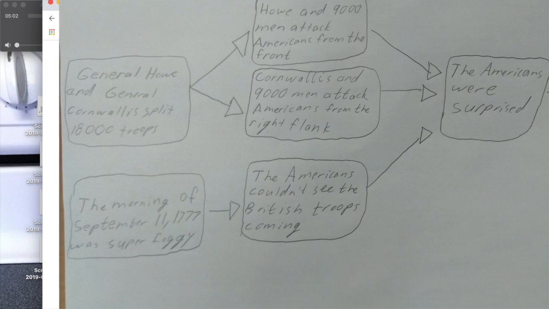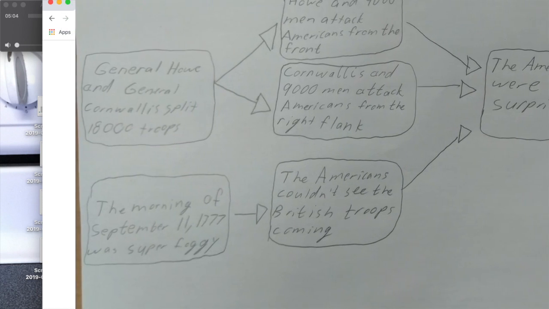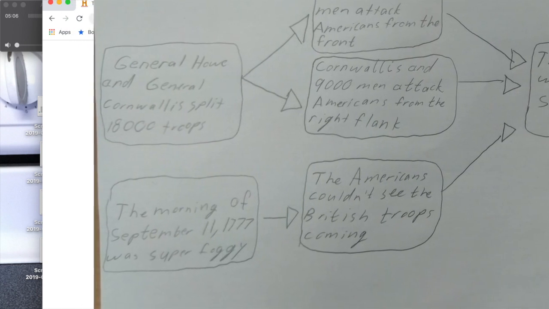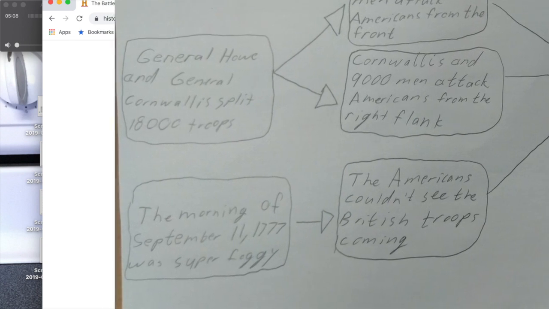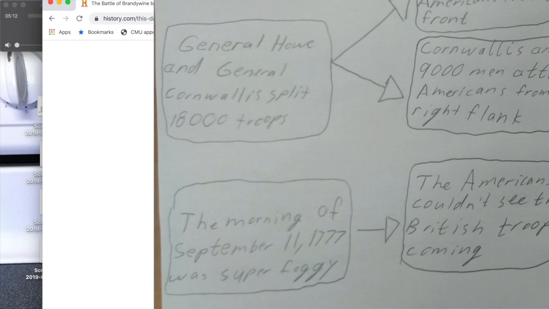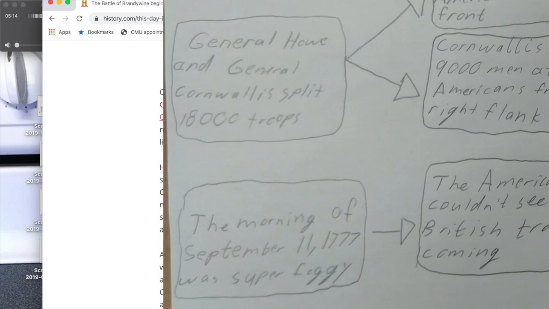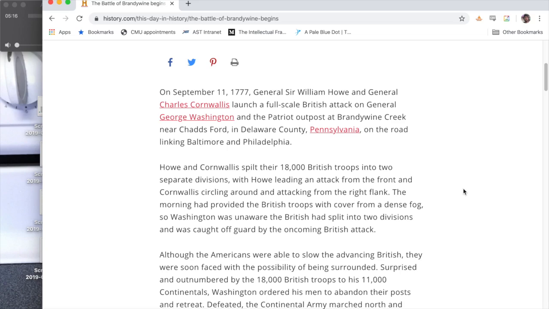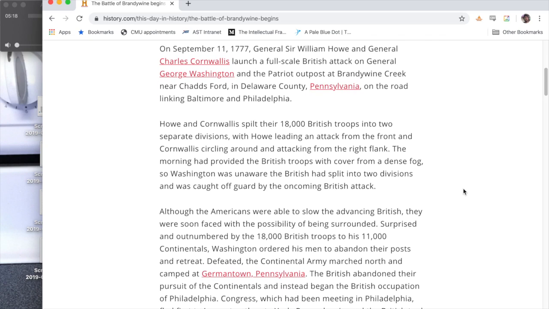So I started with General Howe and General Cornwallis split 18,000 troops, and the morning of September 11th, 1777 was super foggy. If we look back at the website, we don't see them talk about the fog until the second paragraph. But that's something that happened before the battle, so it goes at the beginning of our diagram.